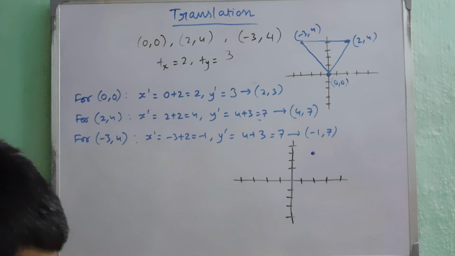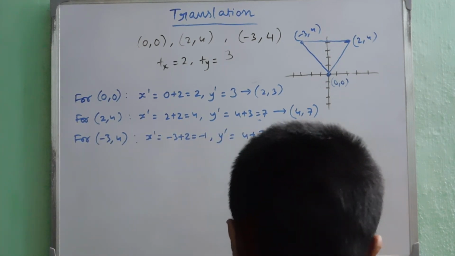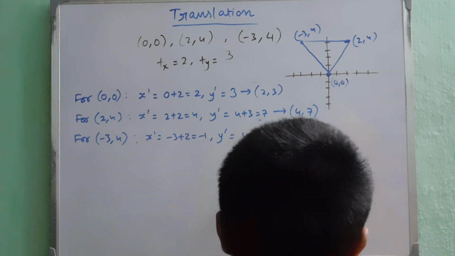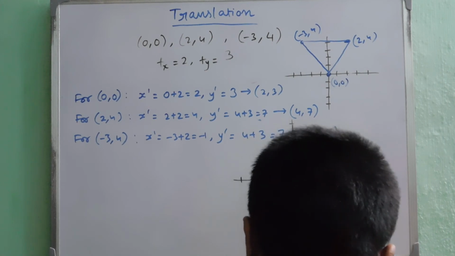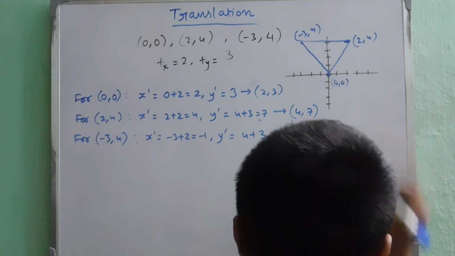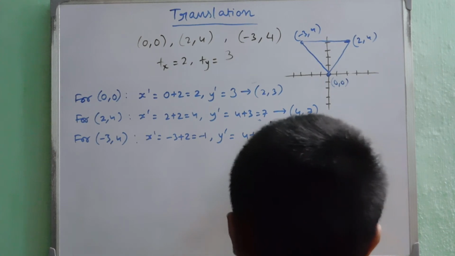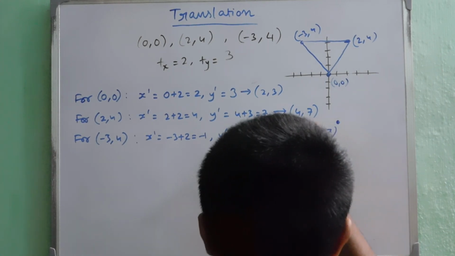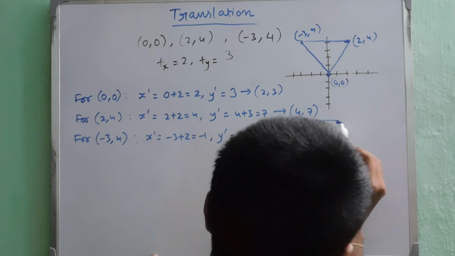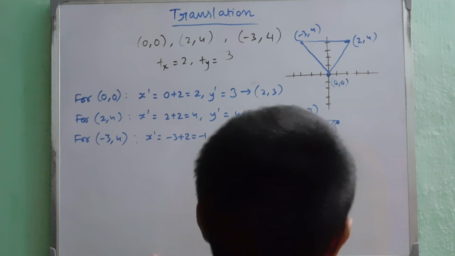For that we have to increase this one: 4 5 6 7. So 4 comma 7 means here. And the third one is minus 1 comma 7, so that means here. So our triangle is this.